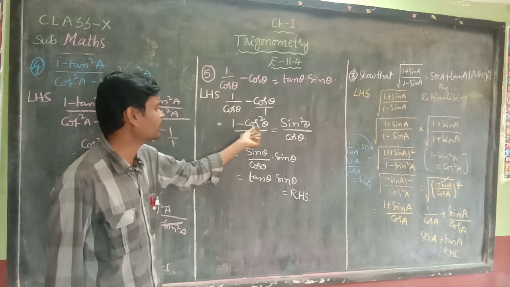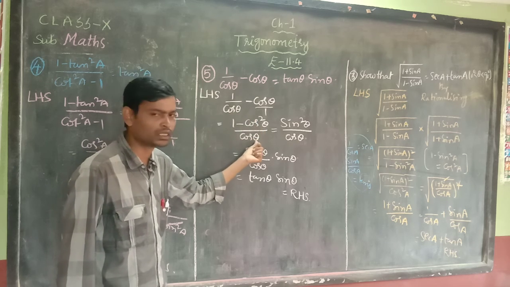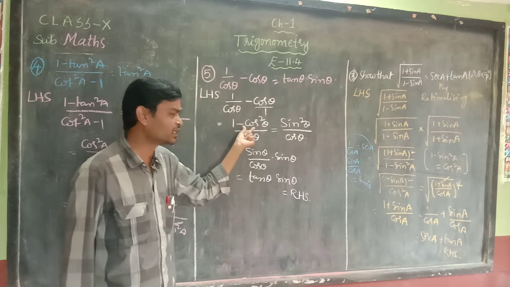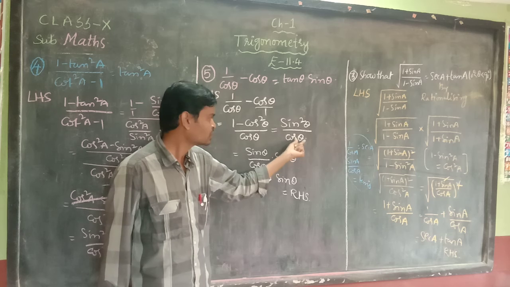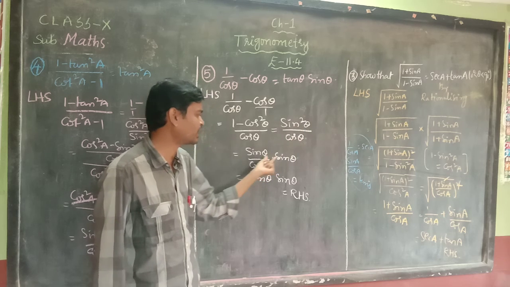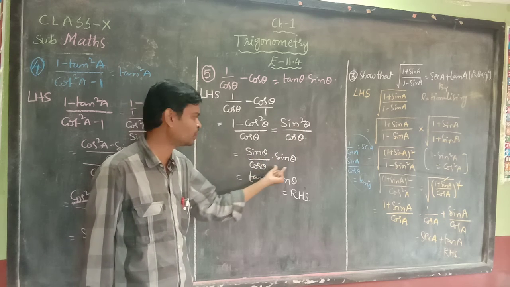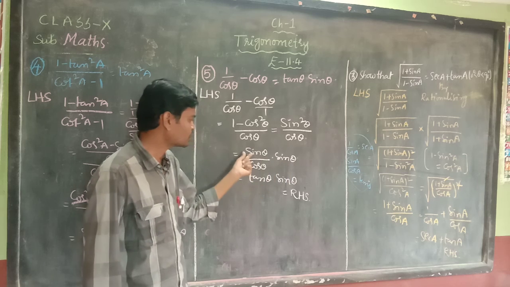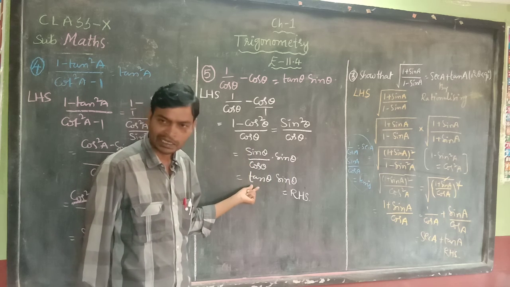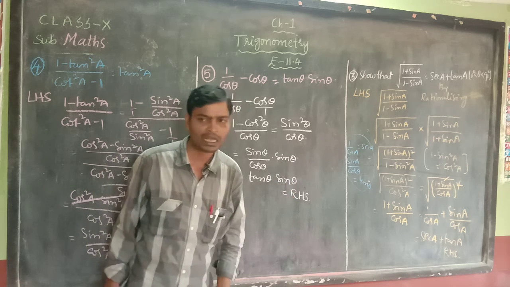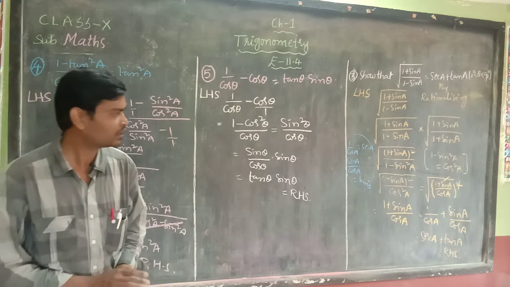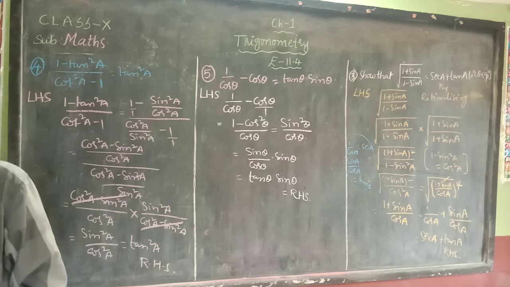Therefore it becomes 1 minus cos square theta by cos theta. So 1 minus cos square theta is sin square theta by cos theta. This sin square theta by cos theta we are writing as sin theta by cos theta into sin theta. Sin theta by cos theta is tan theta, into sin theta. This is RHS. So this is the solution of the fifth problem for us.